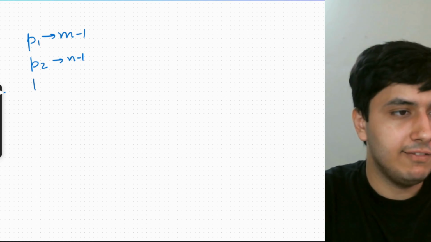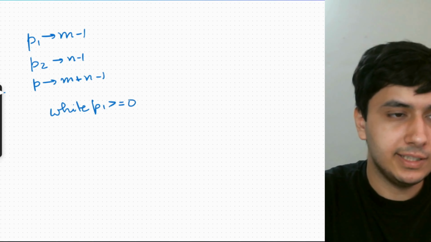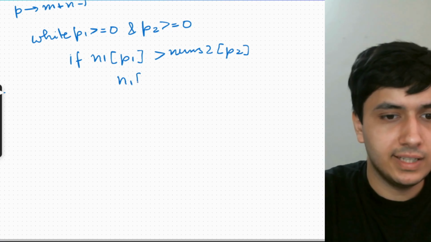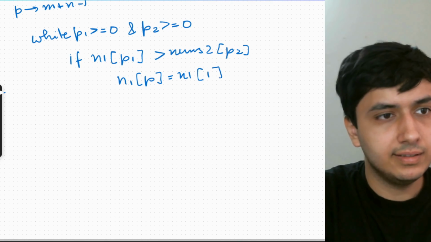Now we'll say that while p1 is greater than or equal to 0 and p2 is greater than or equal to 0, do the following. If nums1[p1] is greater than nums2[p2], nums1[p] equals nums1[p1].